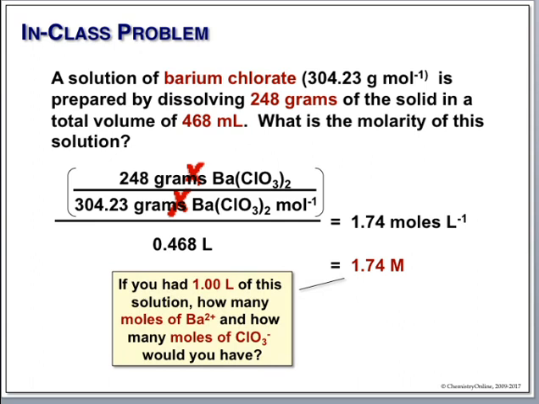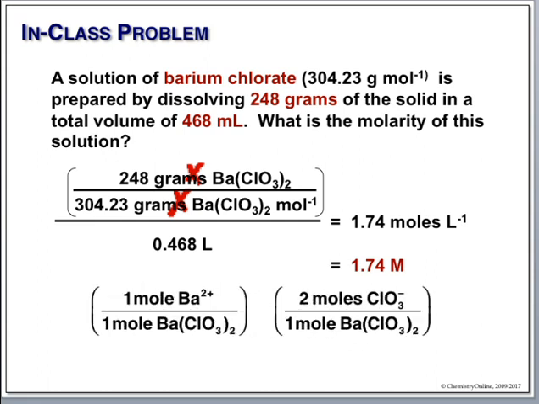Well, remember, barium is a +2, chlorate's a -1. So we have 2 chlorates for every barium. So for barium, 1 mole per 1 mole. Chlorate, 2 for 1. Simply multiply 1.74 times 2. That's 1.74 for barium and 3.48 for chlorate.